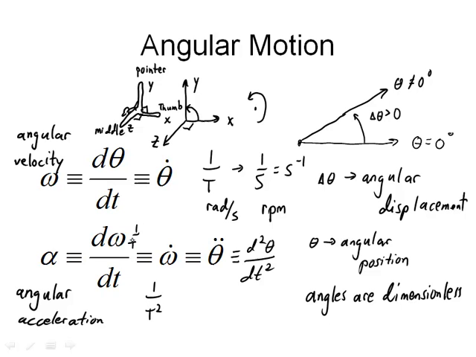You have 1 over time in the numerator, time in the denominator, so that's 1 over time squared. This might be 1 over second squared in the English system, or seconds to the minus 2, not minus 1, but minus 2, or radians per second squared. Those are some of the dimensions that you might see.